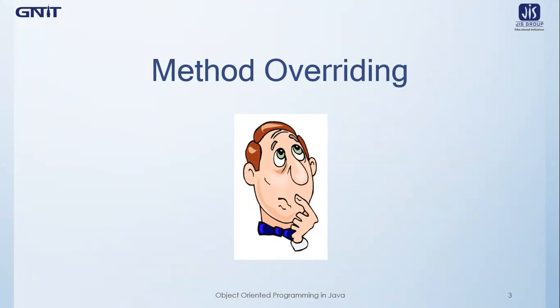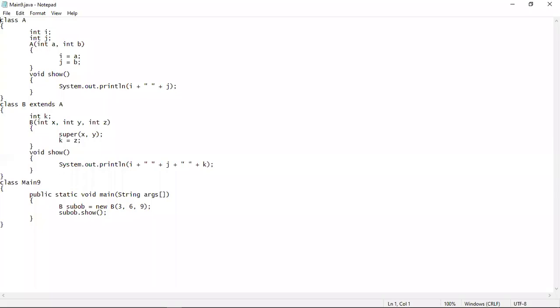Now let us do a simple program to make you understand the concept of method overriding and how it can be implemented in case of inheritance. This is a simple program that demonstrates method overriding in inheritance.